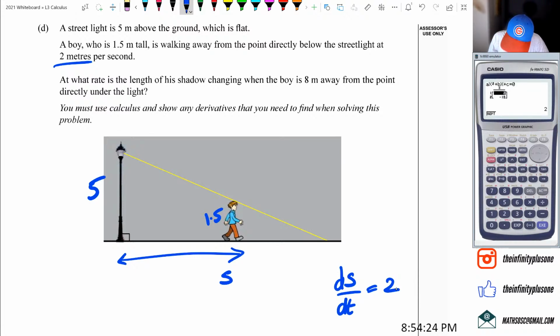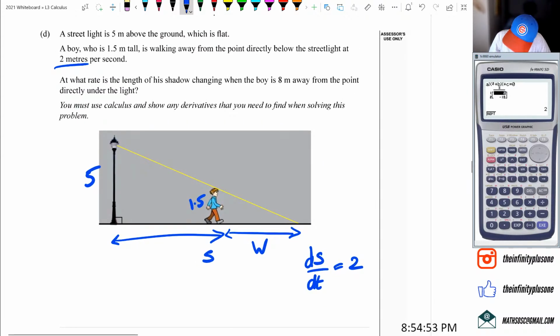Now it says, at what rate is the length of the shadow changing when the boy is 8 meters away from the point? So his shadow, maybe I should have used different letters, but it's all right. Actually, I'm going to use this W for shadow. So that's his shadow right there. They want to know at what rate his shadow is changing.